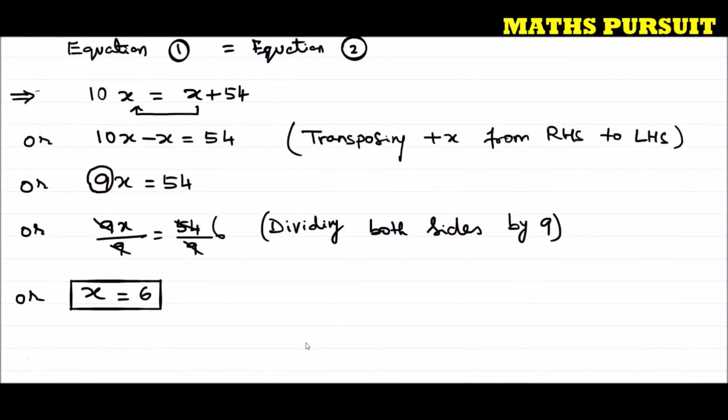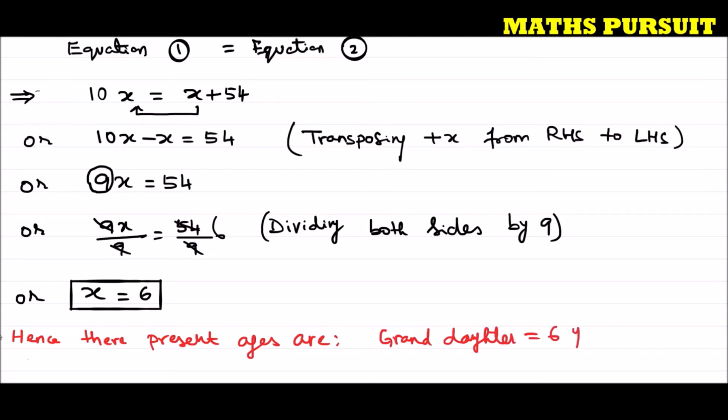Hence we calculated their present ages to be: granddaughter's age is equal to 6 years, and grandfather is equal to 60 years.